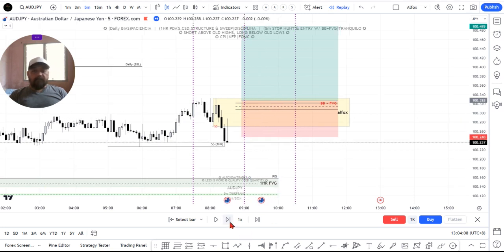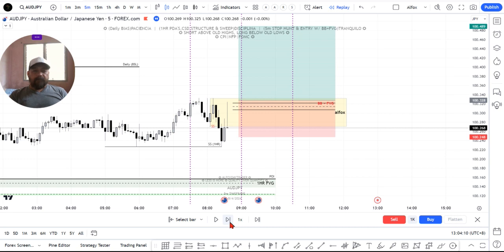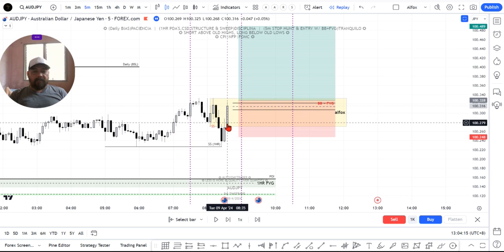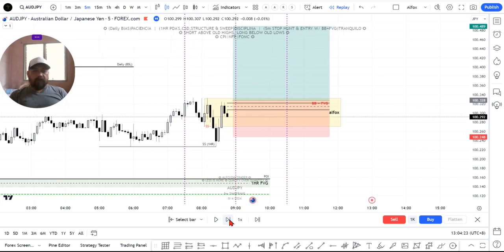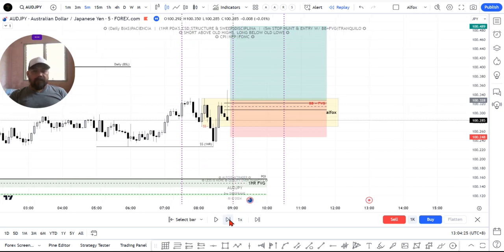So now, let's continue. As you can see, now price has created this big candle, but still we don't have our FVG. So we wait for it, and boom.